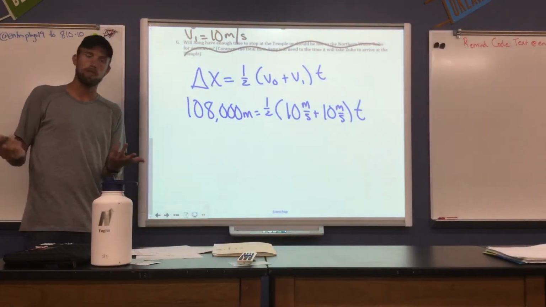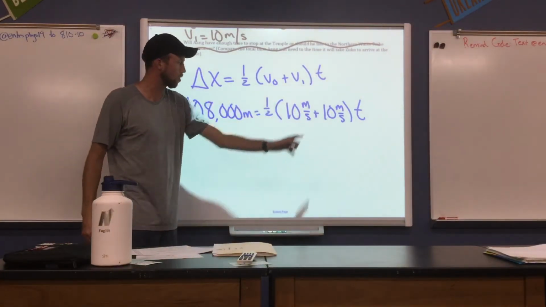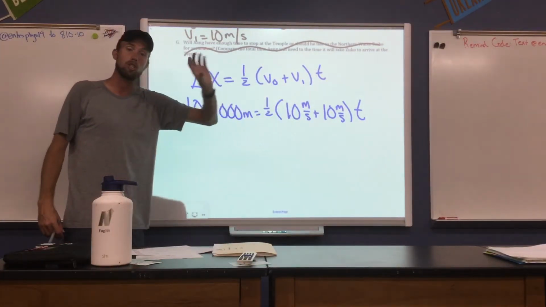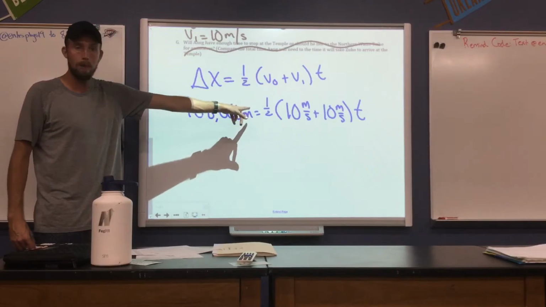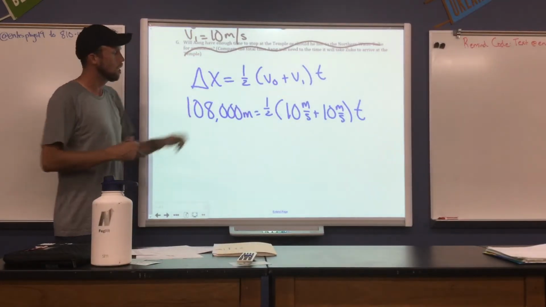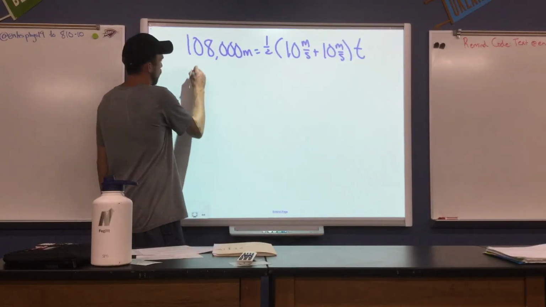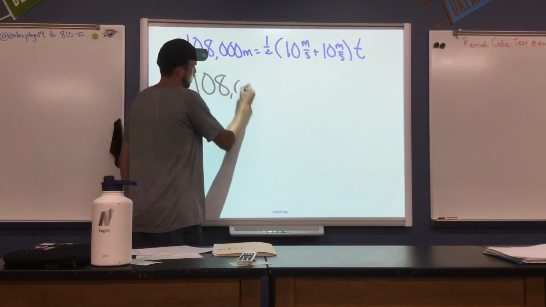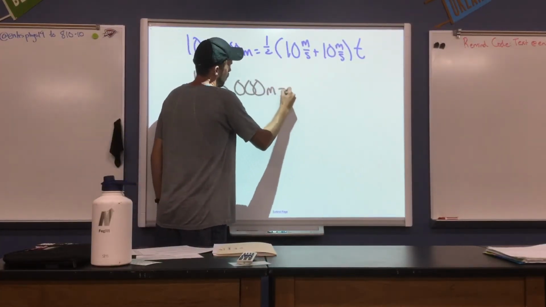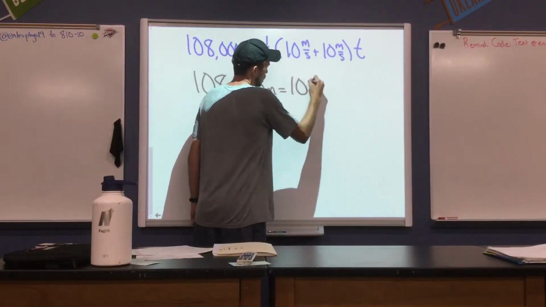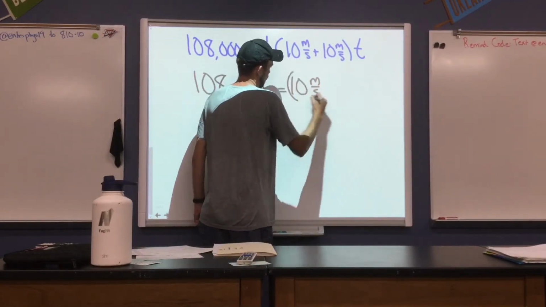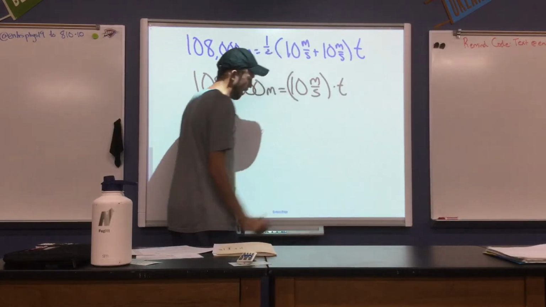Okay, so basic order of operations, we'll look at our parentheses first. 10 and 10 added together gives us 20. Multiplied by 1/2, divide by 2. So 20 times 1/2 gets us back down to 10. So next, our equation will be simplified down to this. 108,000 meters is equal to 10 meters per second multiplied by time.